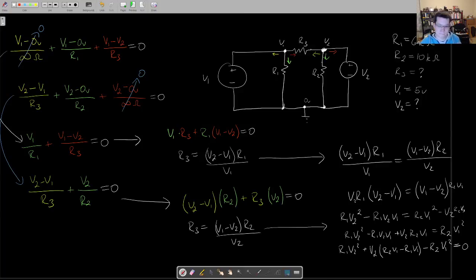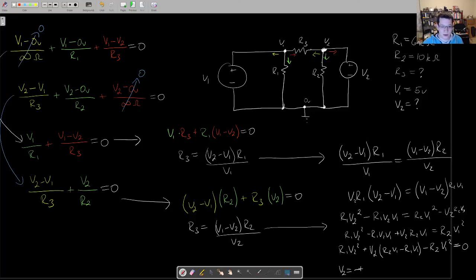Okay, so there's two possible solutions. V2 is equal to, this is not the problem I was hoping to work for you guys. I did not carefully choose my example.